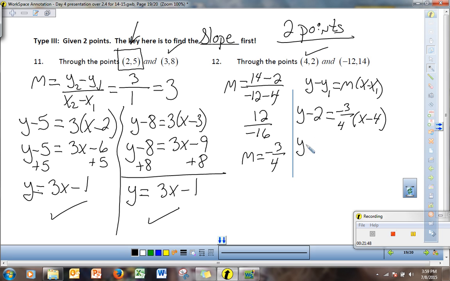Let's distribute. So I got y minus 2 equal negative 3/4 x, a negative and a negative make a positive 3. Add 2 to both sides. So I got 3/4 x plus 5. Sorry about that error. And then one last one.